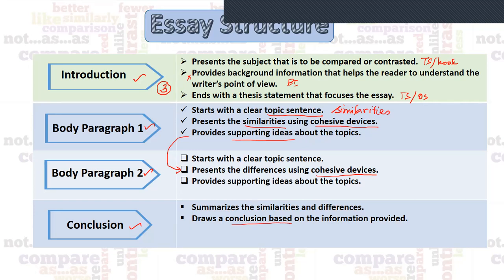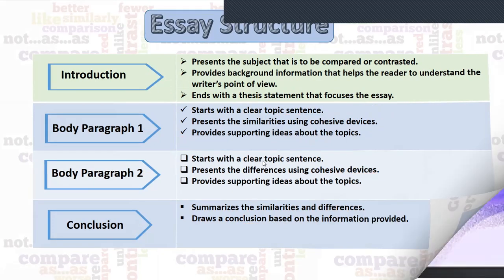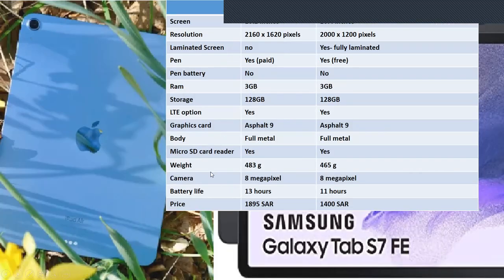Clear? Now, let's take a topic. This is about the iPad and Samsung S7. So here we give the points, but in the exam, no points are given, just the title.